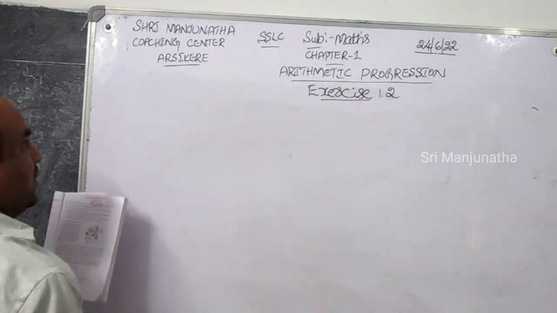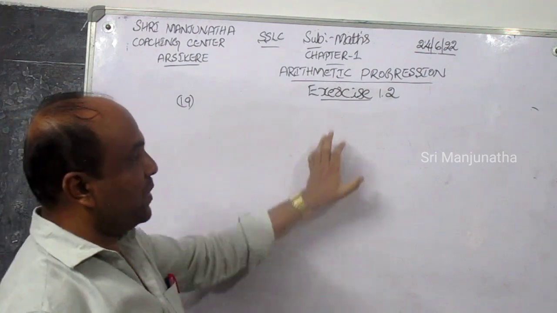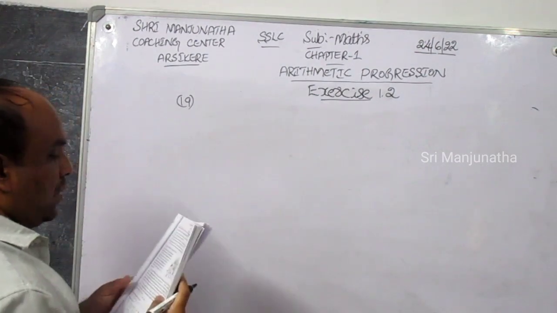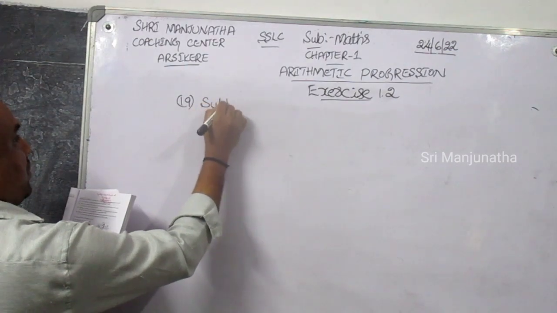Problem number 19. Only 2 problems are remaining for the completion of exercise 1.2. It is a very easy problem.